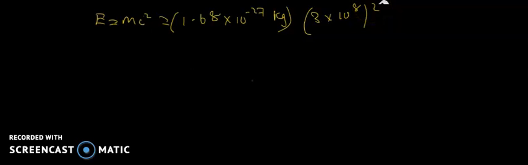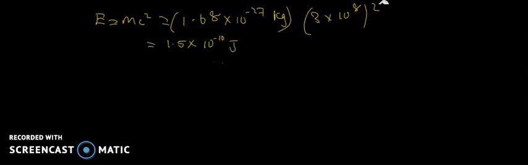If you multiply these two things, this will give us 1.5 times 10 to the power negative 10 joules. But remember that we are to express our answer in electron volt.